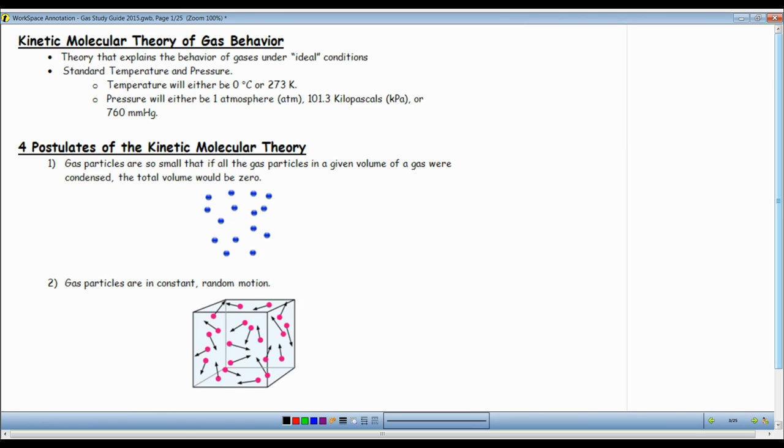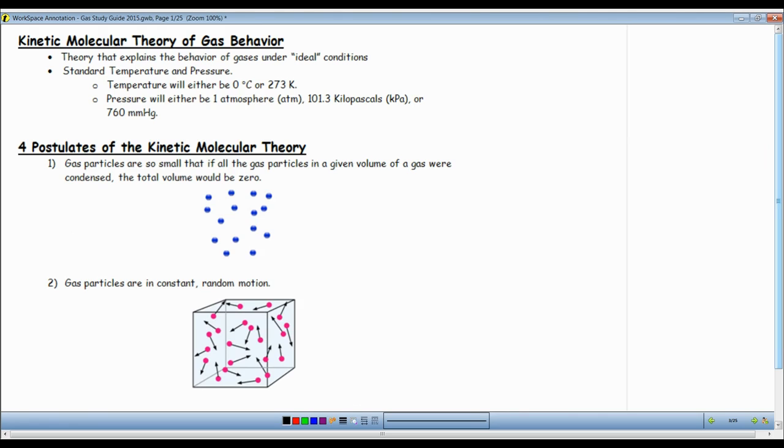All right, so moving on, we want to look at something in this video called the kinetic molecular theory. These are statements that describe how we think gases should behave under what we call standard conditions.